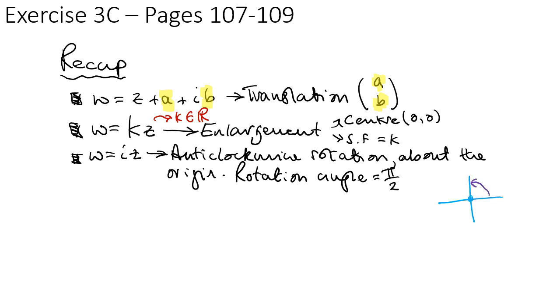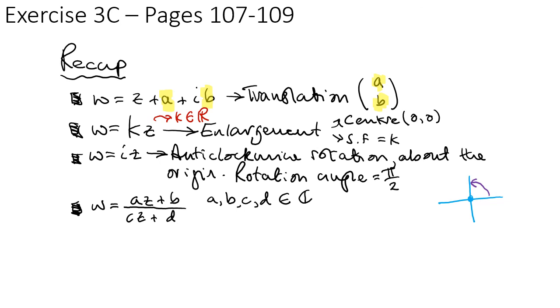Okay, and then we have these Mobius transformations, and those will be of the form w equals (az plus b) over (cz plus d), and here the values of a, b, c and d can be complex values, not real values like the enlargement.